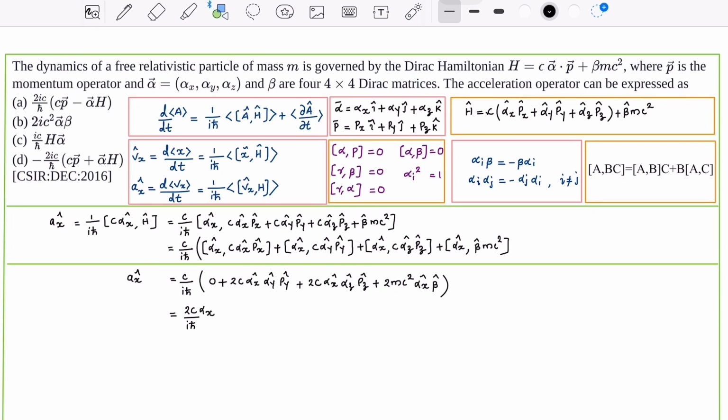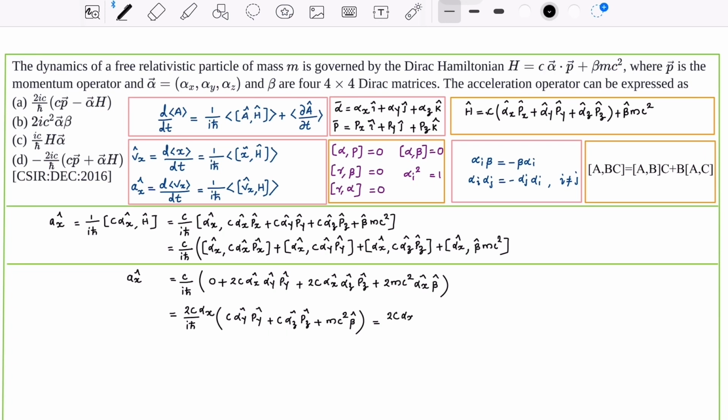Let us take alpha x outside the bracket. Now it becomes 2c alpha x by i h bar, times c alpha y py plus c alpha z pz plus mc square beta. We have taken alpha x outside the bracket.